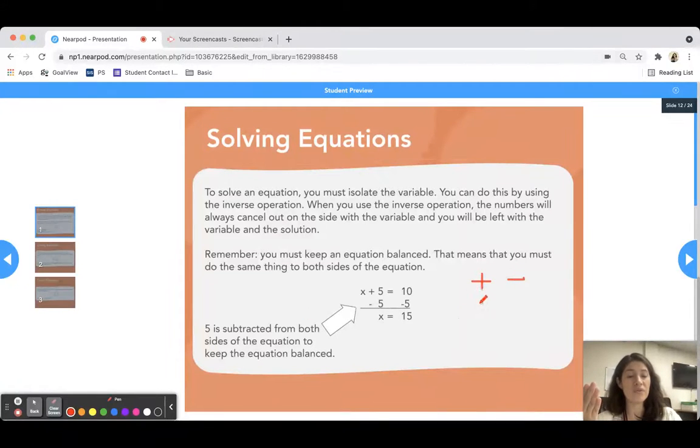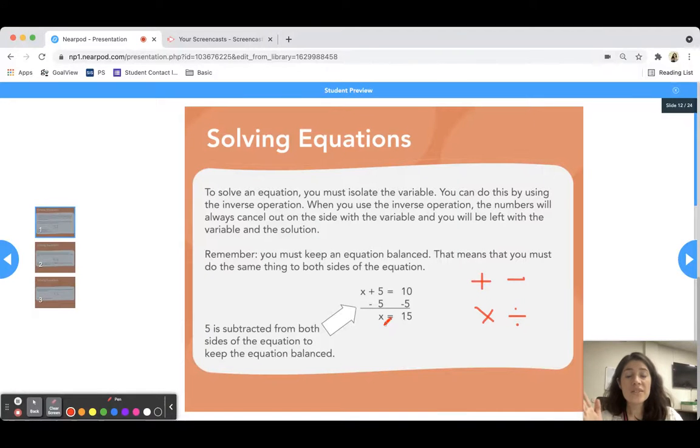And if we have subtraction, addition, or if we have multiplication, we will do division. Or if we have division, we will do multiplication. When you use an inverse operation, the numbers will always cancel out. Cancel out means they will give me 0, or 1 if I'm multiplying or dividing, which would not change the value of it. And you would just be left with your variable.